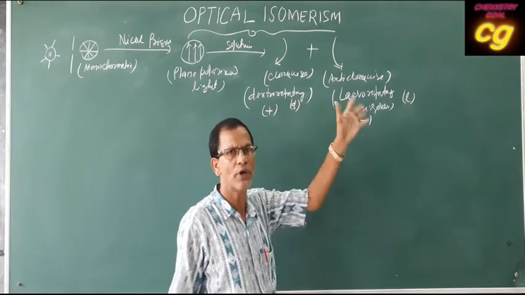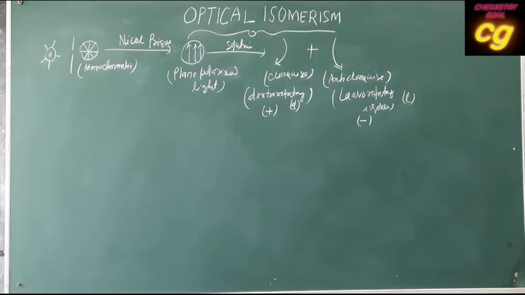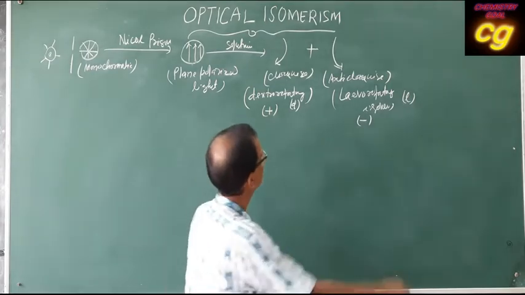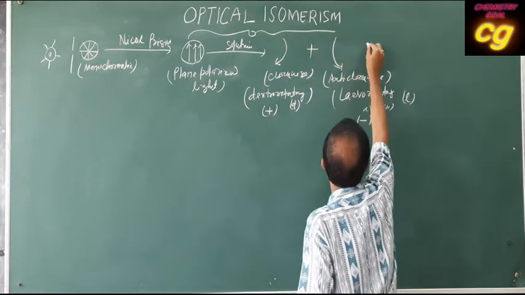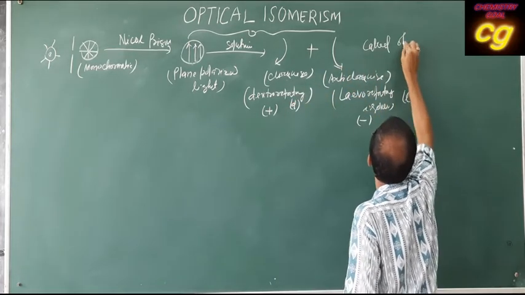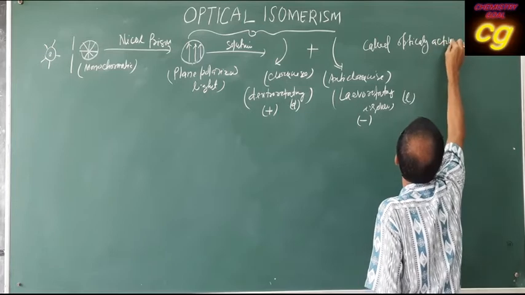There are two types of optically active isomers. These two isomers, dextrorotatory and levorotatory, are called optically active.